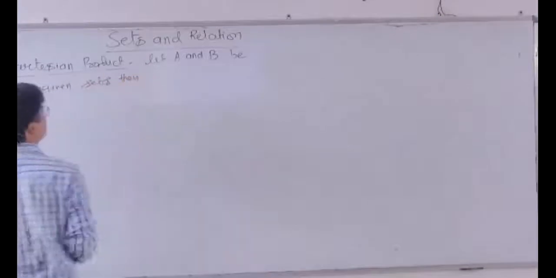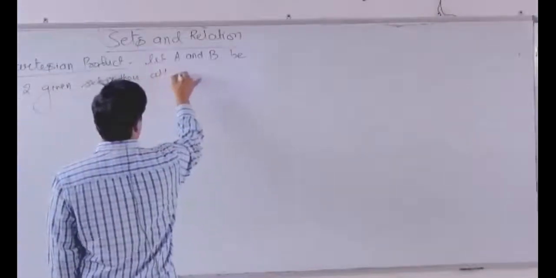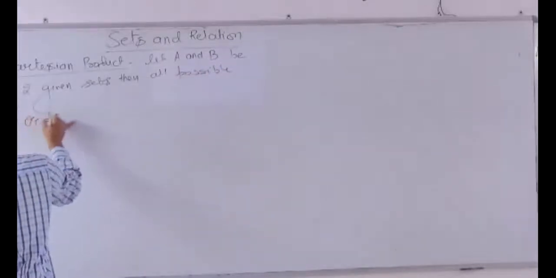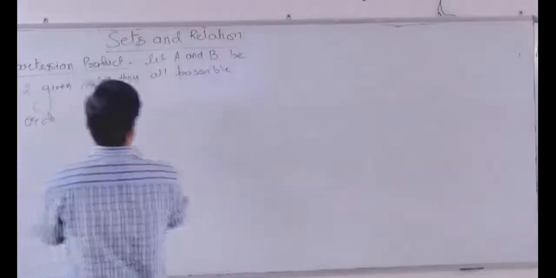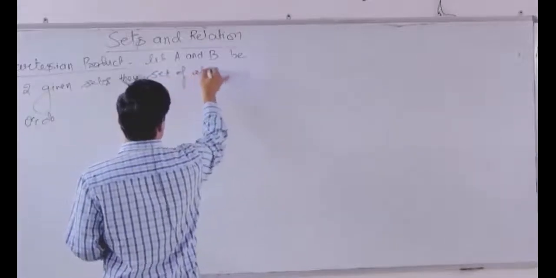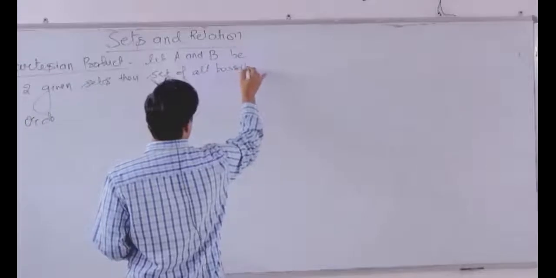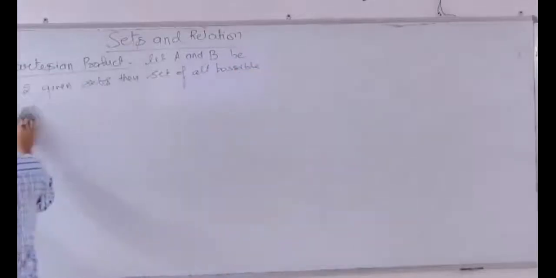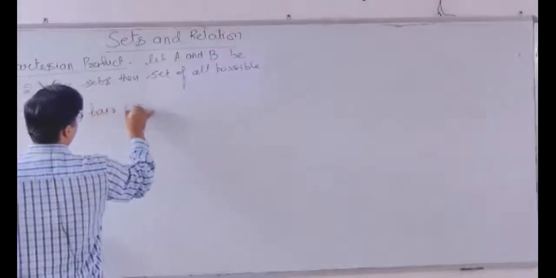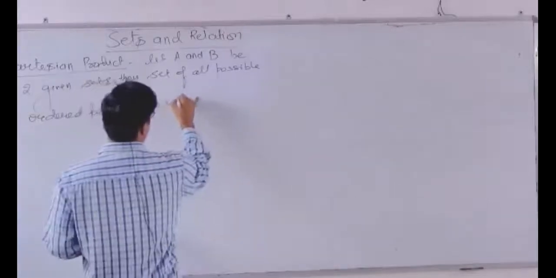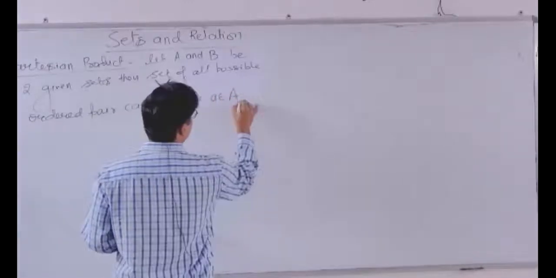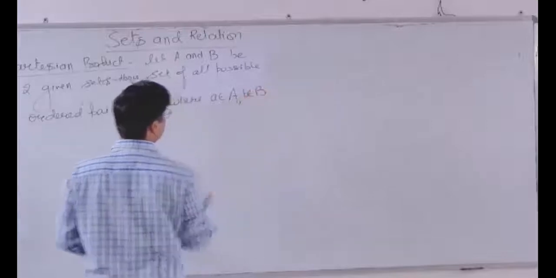Then all possible ordered pairs, then the set of all possible ordered pairs (a, b), where the first entry a is an element of set A and the second entry b is an element of set B.